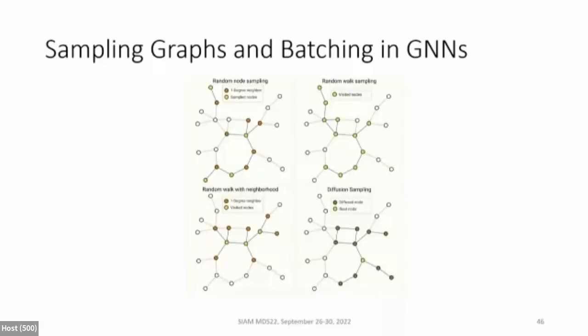The way this is done is by taking a collection of nodes, and then for each node in the subgroup, you also include the one-hop neighbors and the two-hop neighbors, which are the connected neighbors at one step, at two steps, or even three steps. This is closely tied to how many layers of message passing you have in the network.